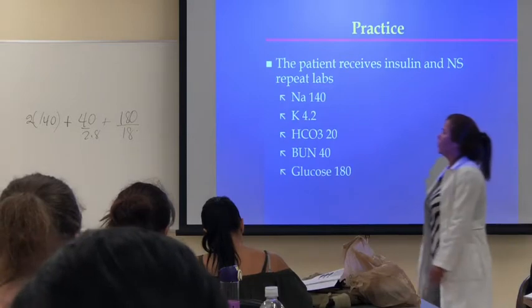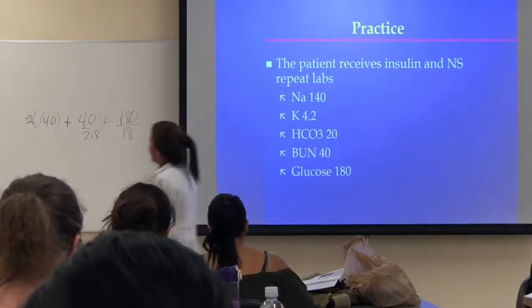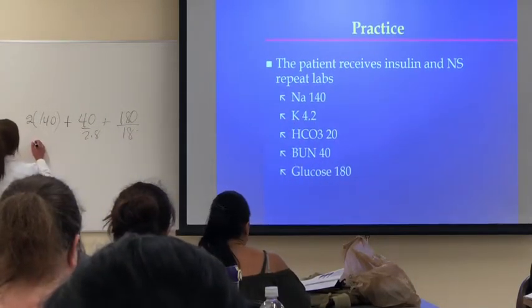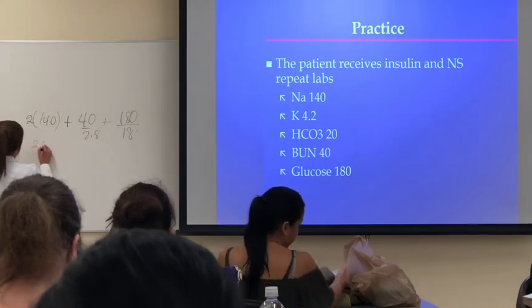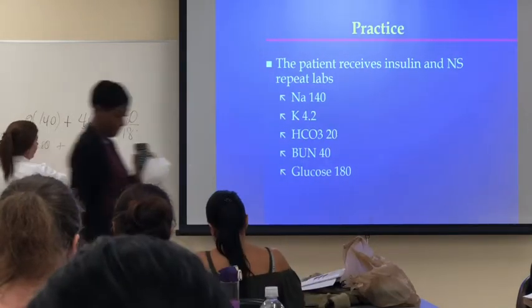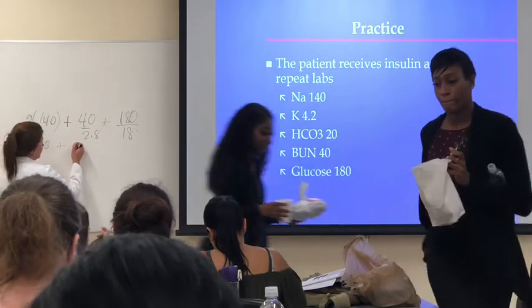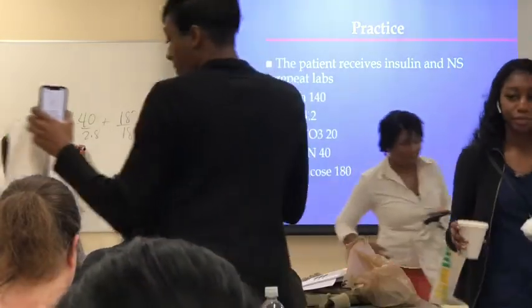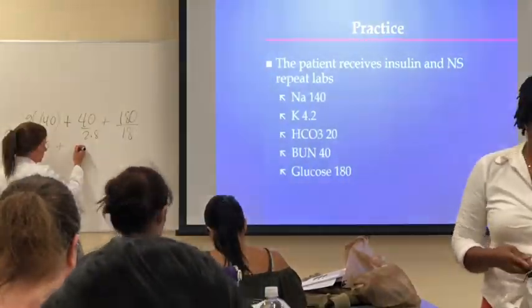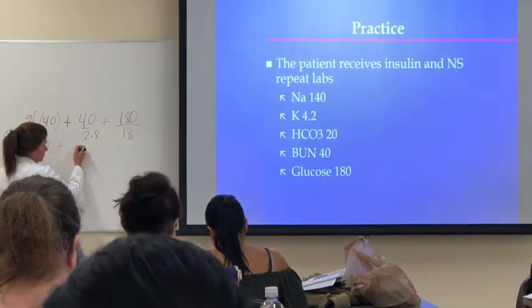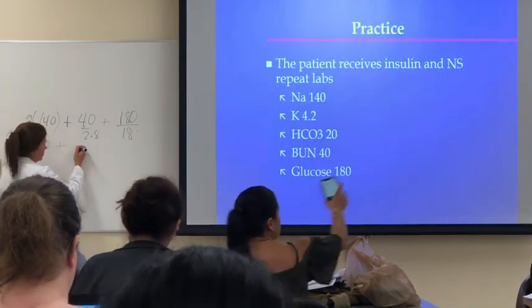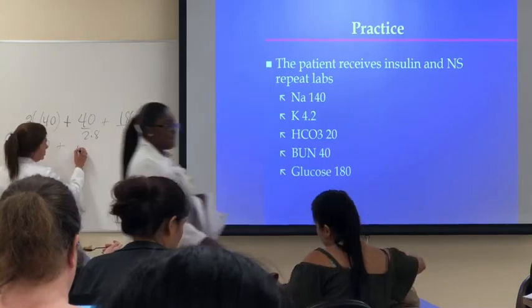2 times 140 is 280. Plus 40 divided by 2.8 is 14.2.